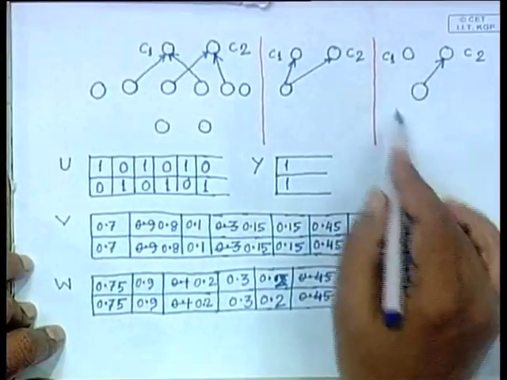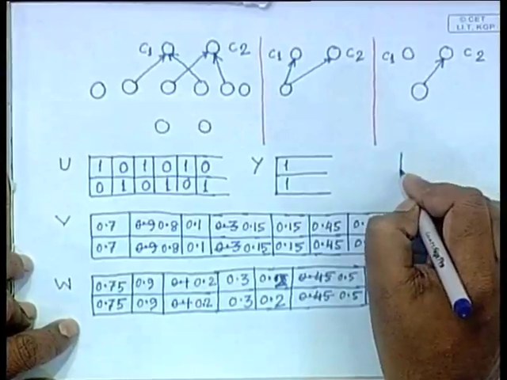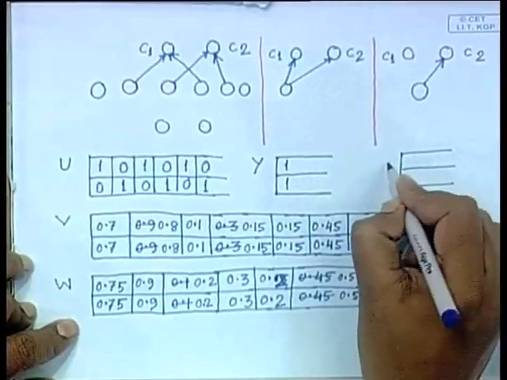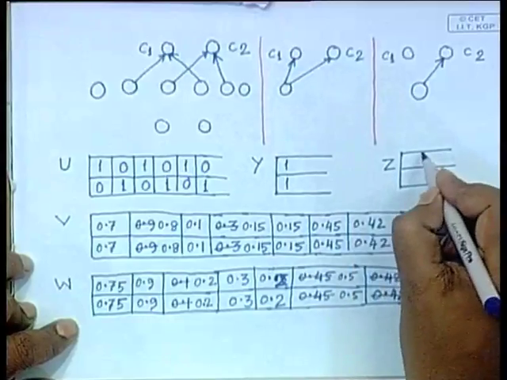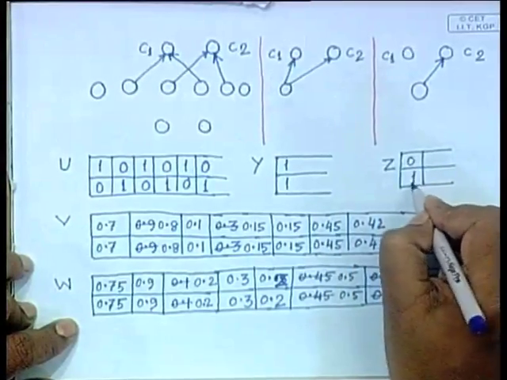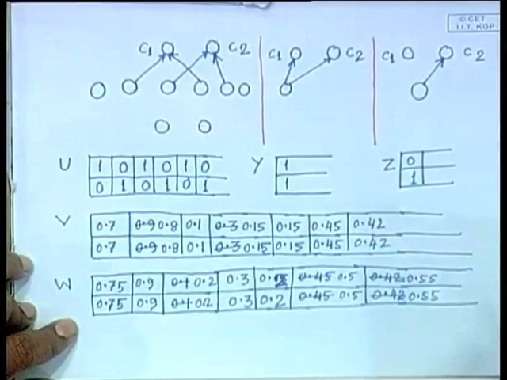Okay. And to have this connectivity, let us maintain another matrix which is the Z matrix, okay. And here the entry will be 0 or 1, right.